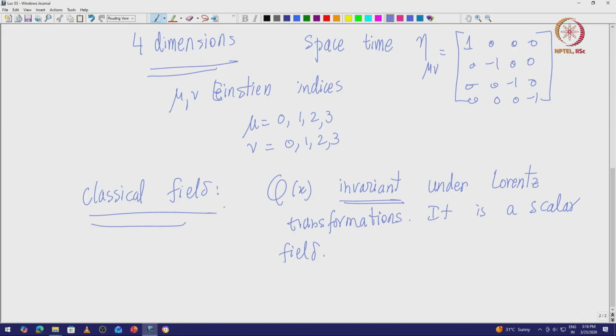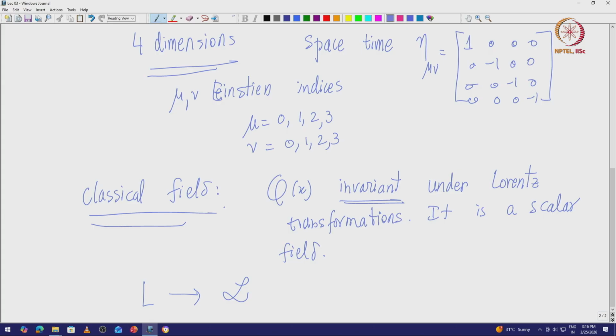Now, for this the required quantity is not the Lagrangian, it becomes something called a Lagrangian density, and I will tell you why in a second.